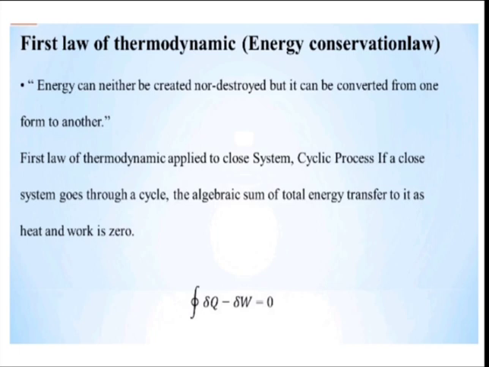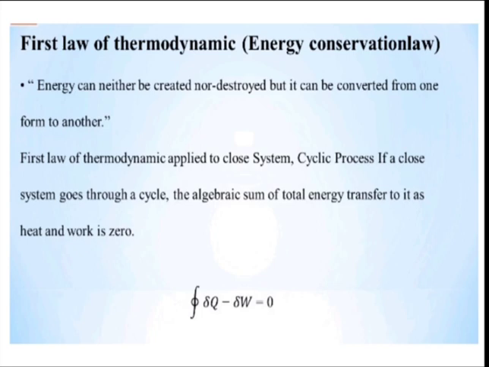If a closed system goes through a cycle, the algebraic sum of the total energy transfer to it as heat and work is 0. Means when a cyclic process is there, the change in heat and change in work is equal to 0. The cyclic integral of dQ minus dW is equal to 0. This is the relation.